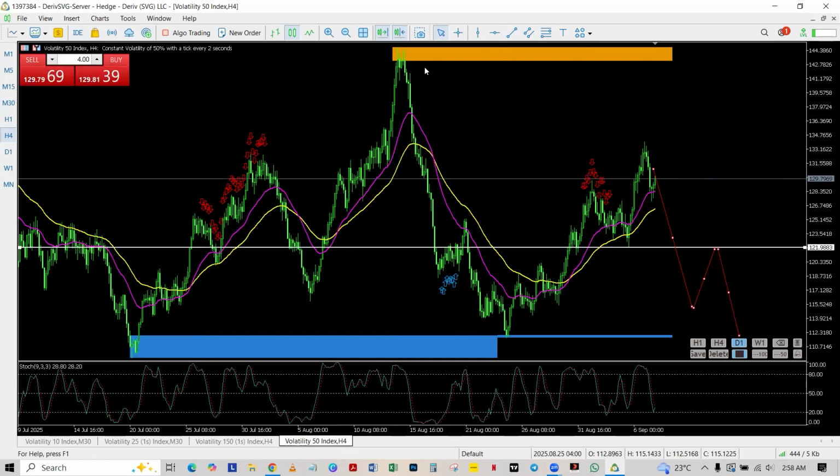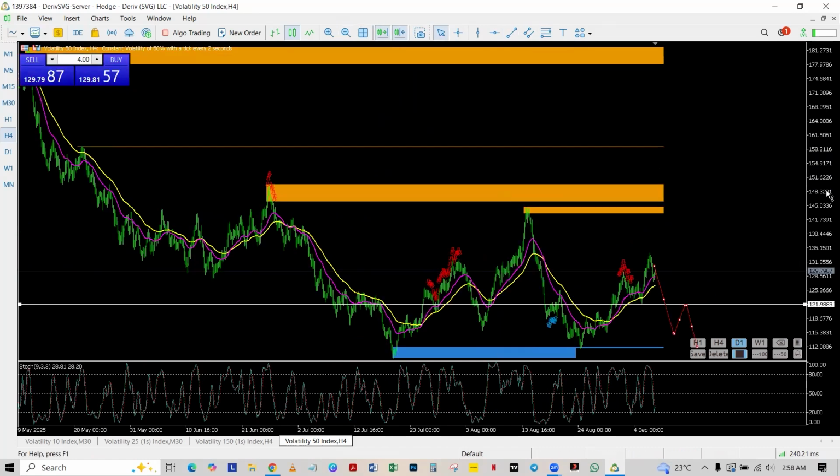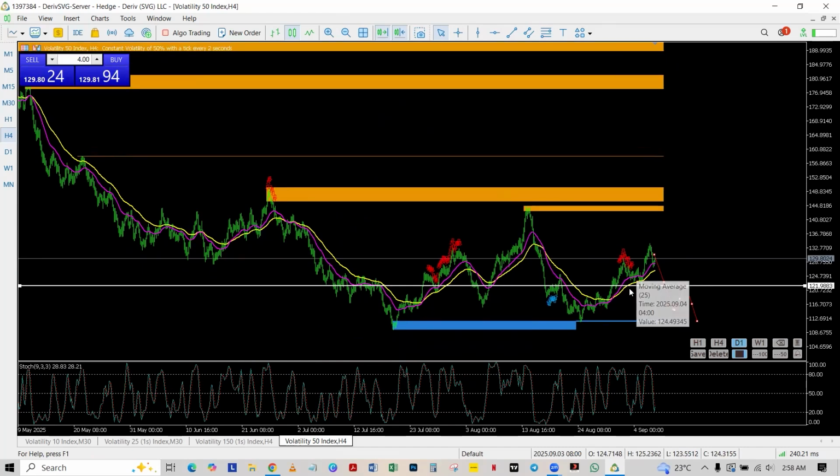This is the kind of scenario I'll be looking for, whereby the market will break this support lower, retraces to this line, then continues downward. So at this point here is where I want to place my entry.